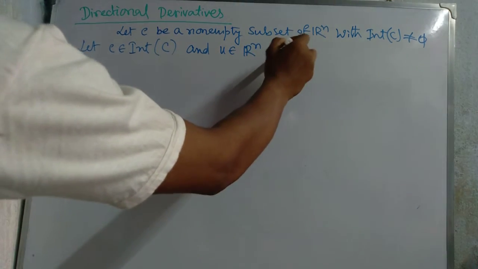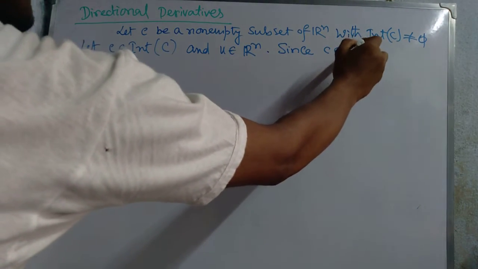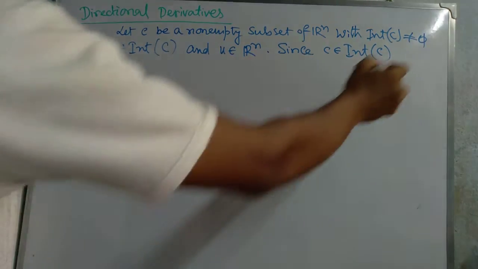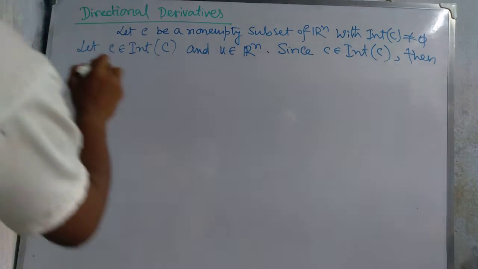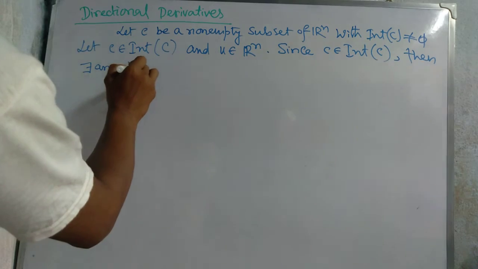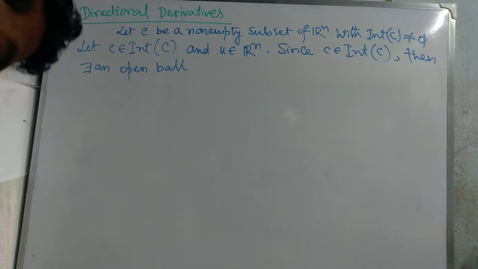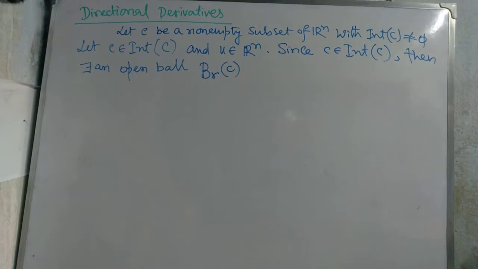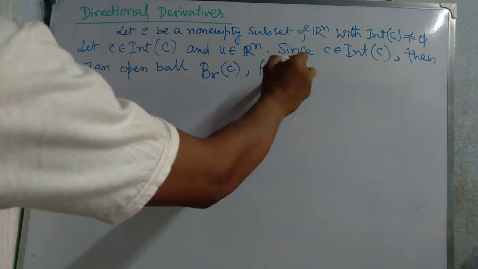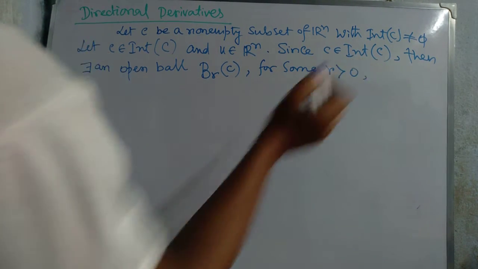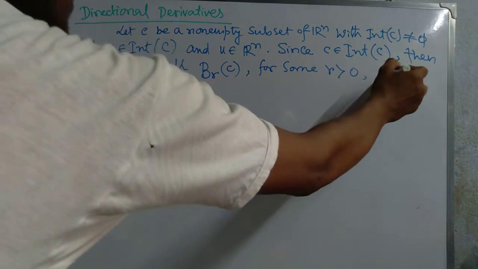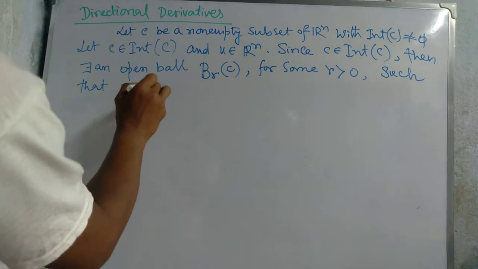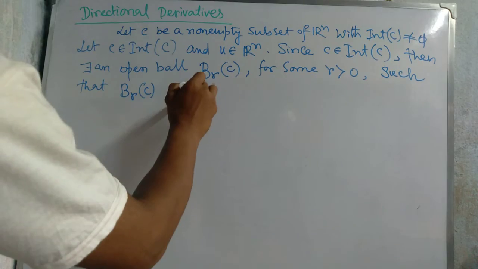Since c belongs to interior of C, there exists an open ball B_r(c), some ball around c for some r greater than 0, such that B_r(c) is a subset of interior of C.